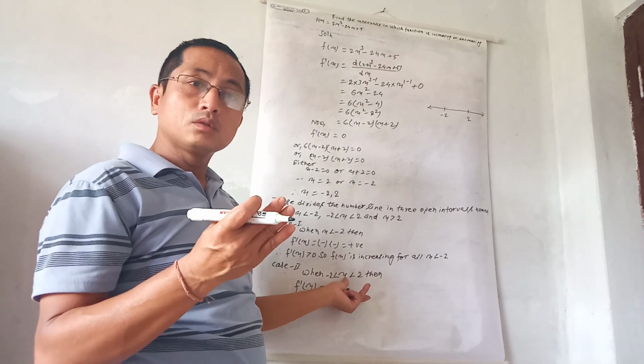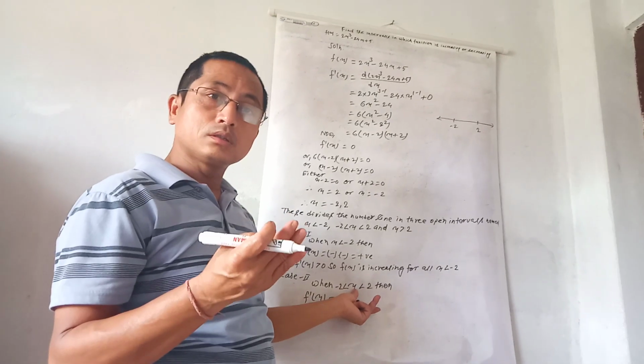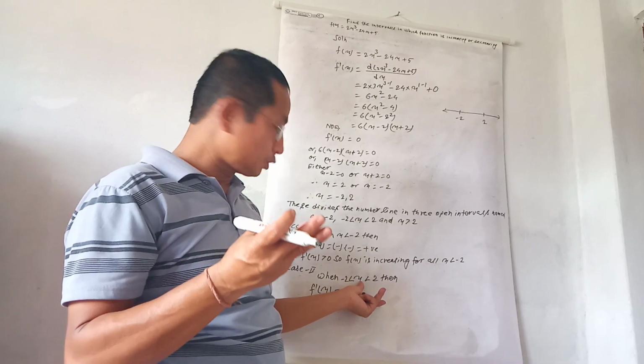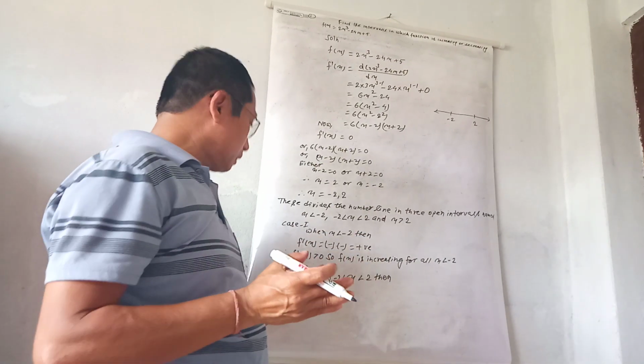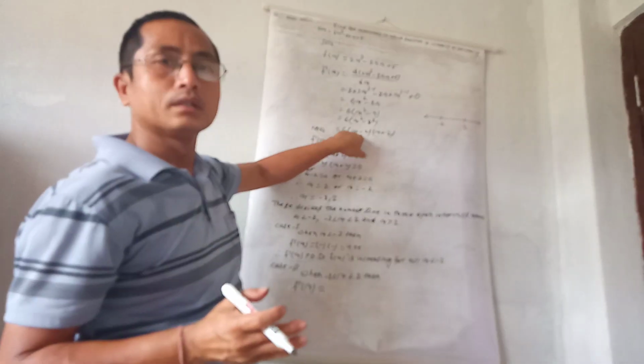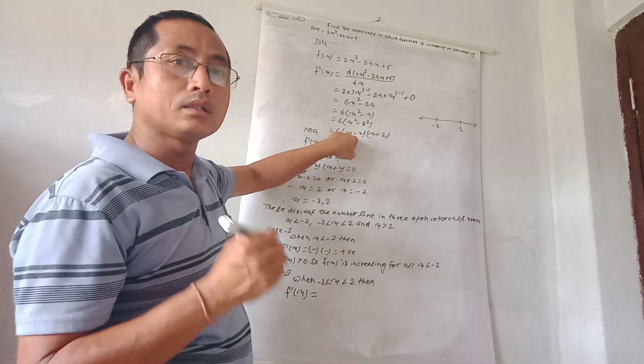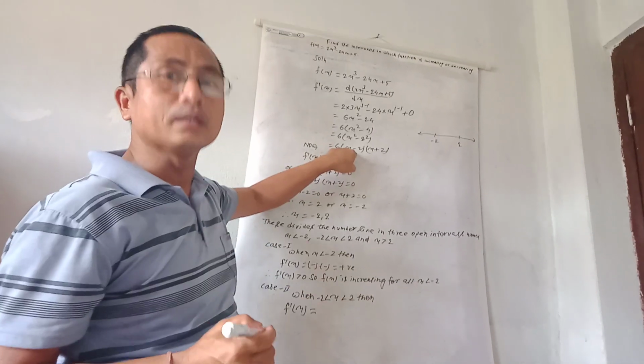So the value of x in this condition will be -1, 0 and 1. Any one value put in the derivative, and we can calculate whether the result is positive or negative.